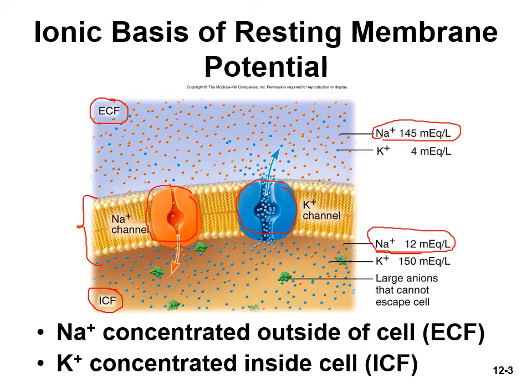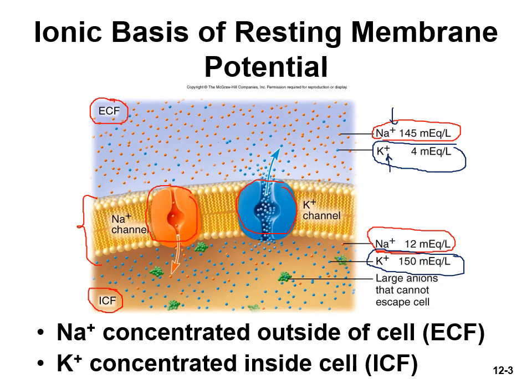Potassium is going to be the opposite. You're going to have a lot more potassium on the inside than on the outside of the cell, because remember the cell is very permeable to potassium, so the potassium has an easier time coming in. And because these sodium and potassium ions carry a charge, they are able to help polarize the cell membrane.